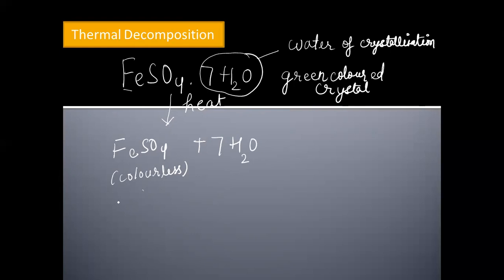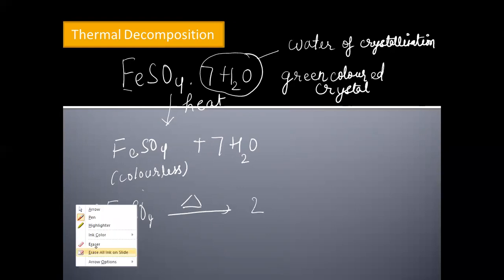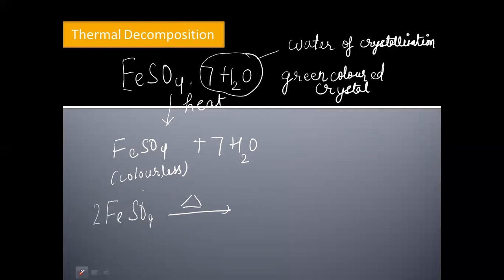Now what will happen further? Is this the final step? No. Decomposition proceeds further. This FeSO4 gets decomposed. Heat can also be represented by this triangle. You might be remembering, 2Fe2O3 will be formed.